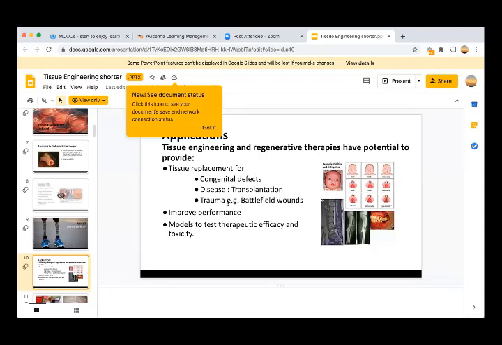We talked about diseases and transplantations, liver, it could be bladder, even kidneys, liver, bladder, bone, cartilage, blood vessels can also be used, even the most superficial thing, which is skin, okay. What does this do? It improves the performance, and the models to test therapeutic efficacy and toxicity as well currently.